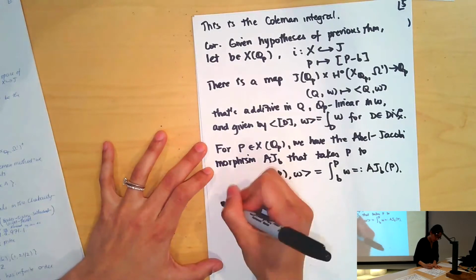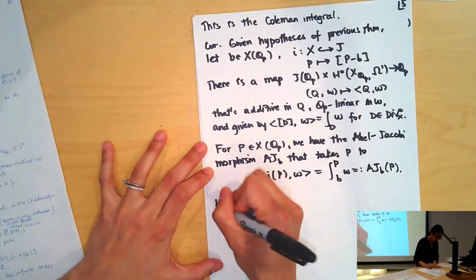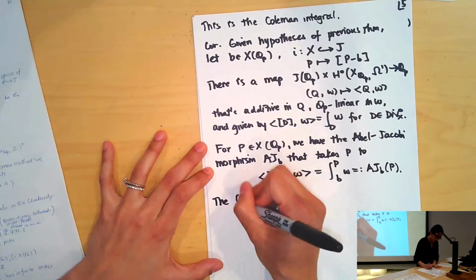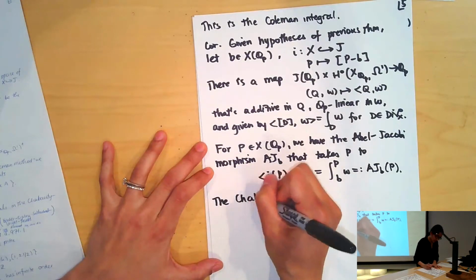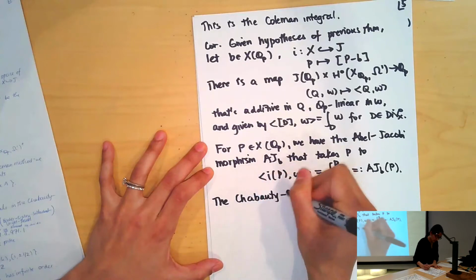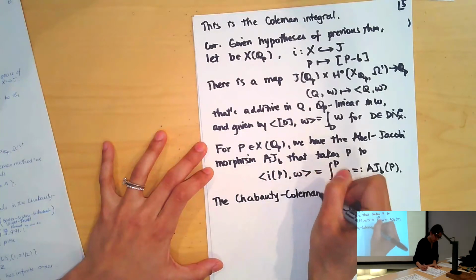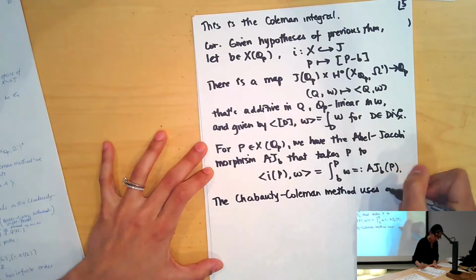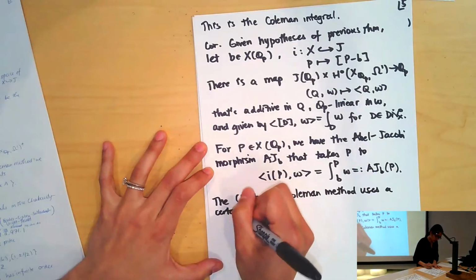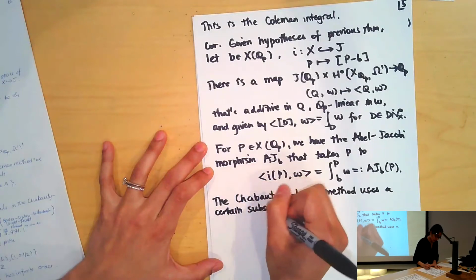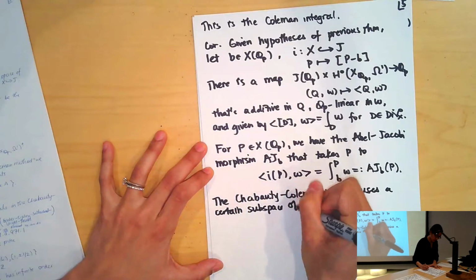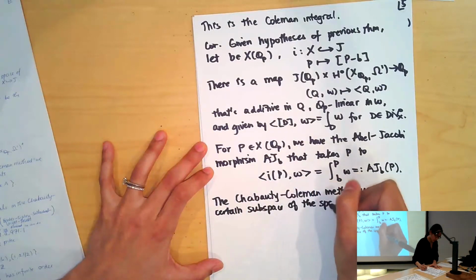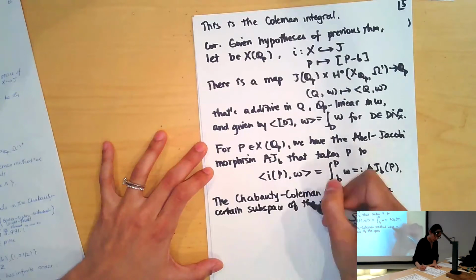So we also heard this morning, so just to give you a recap of some other things that will be useful for us. The Chabauty-Coleman method uses a certain subspace of the space of regular one forms.